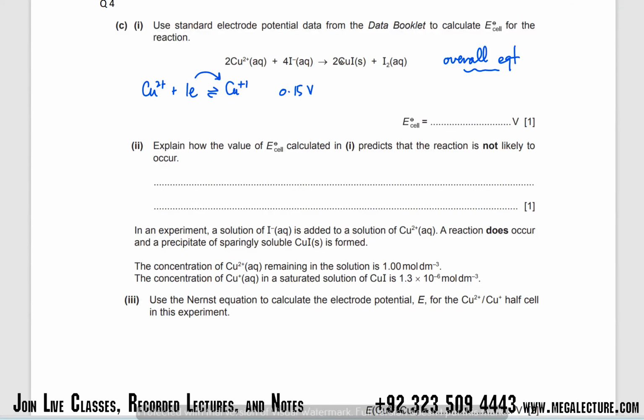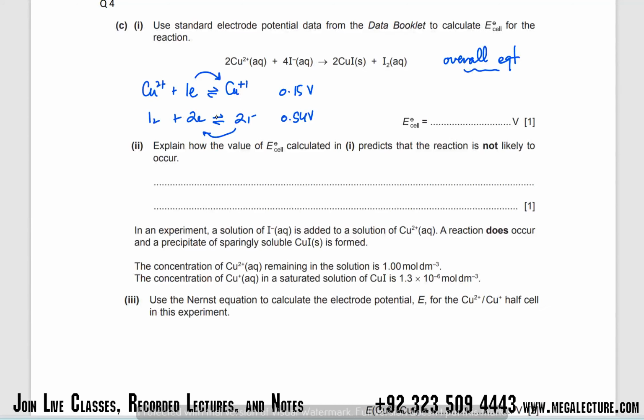I2 / I minus. So it's this one, 2I minus 1, and what's the value? 0.54. OK. And this electrode, I minus 1 to I2, so that means in the reaction it's going in the backward direction.